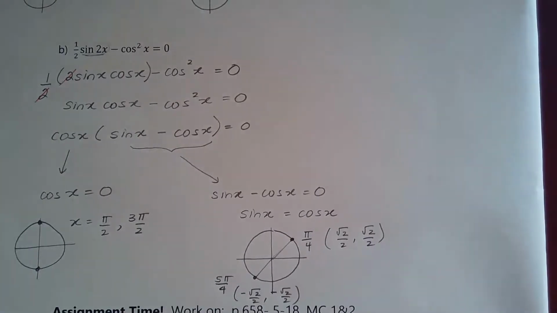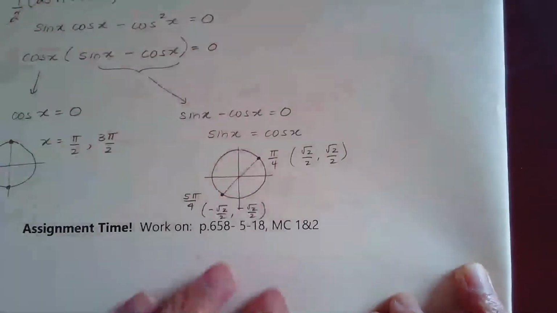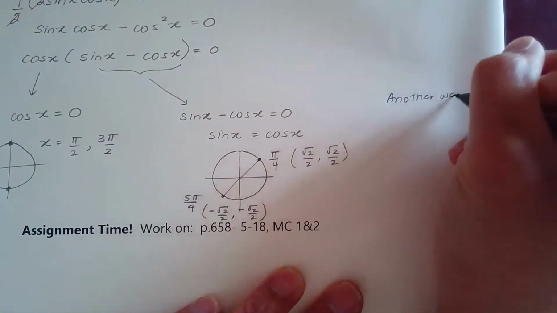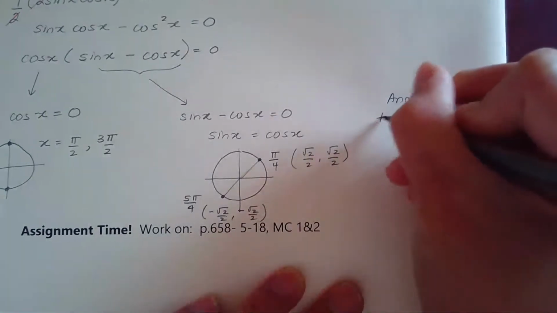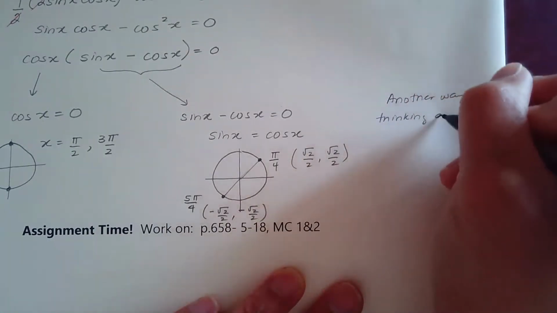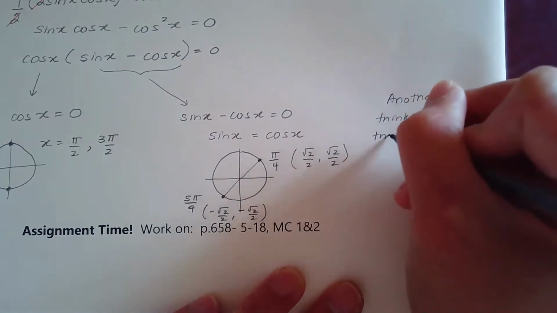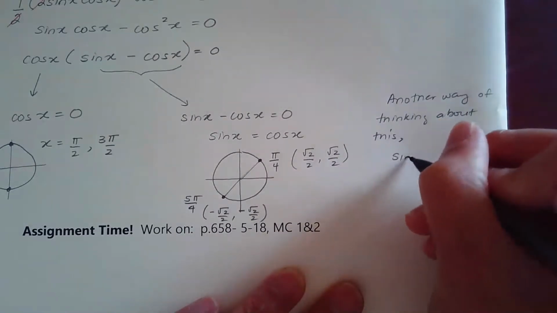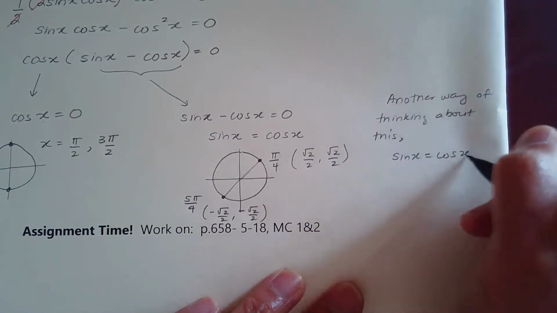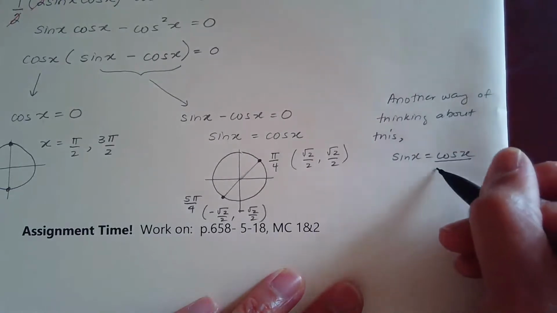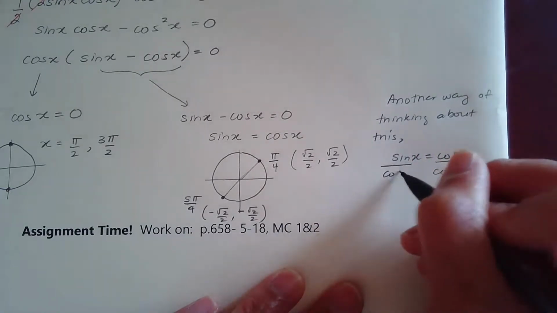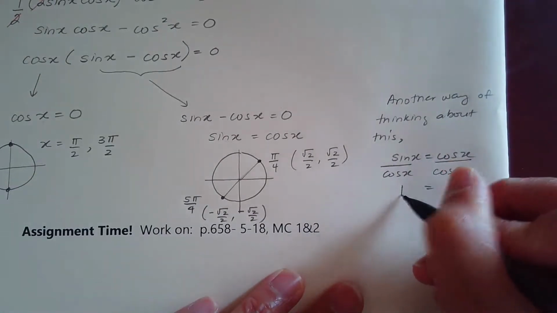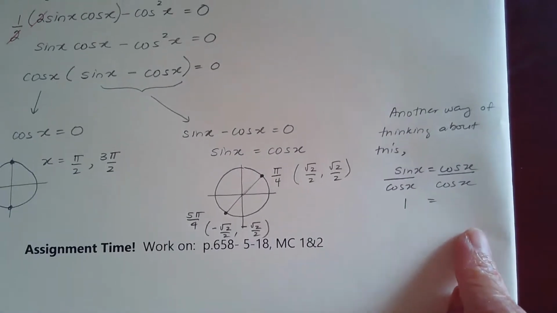Another way of thinking about this: we know that sine of x equals cos of x. So if I divide by cos of x on each side, sine of x over cos of x equals 1.